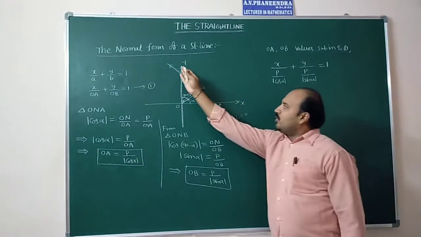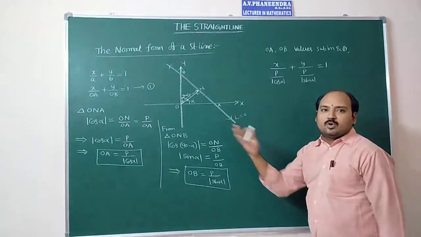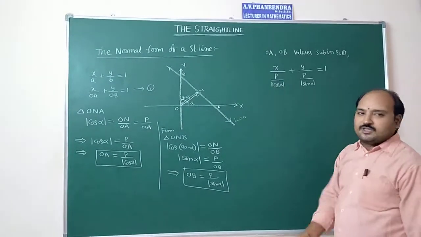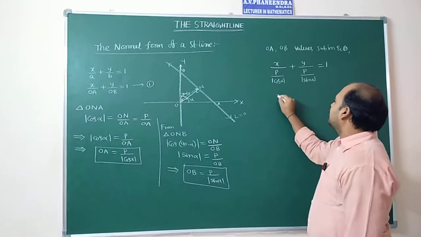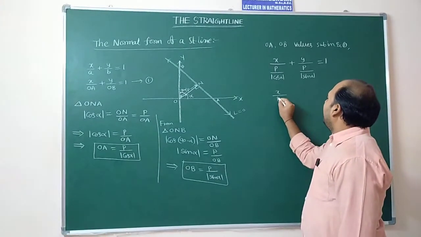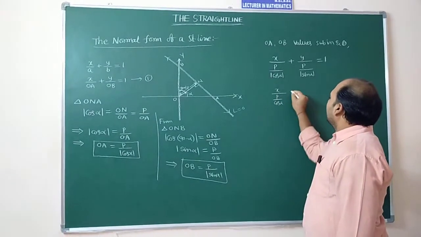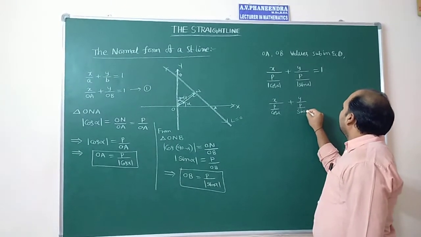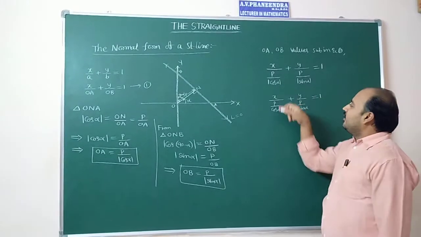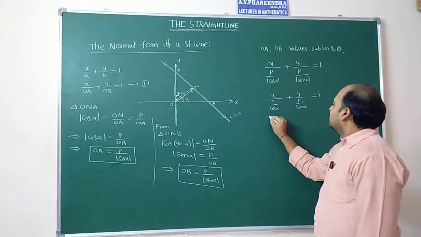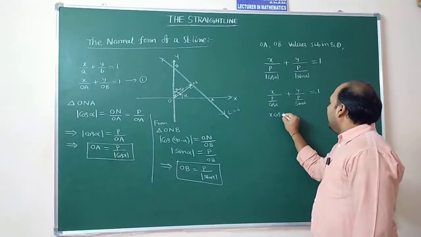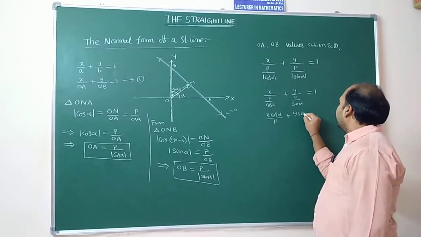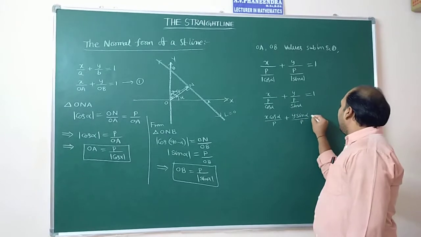We are discussing the first quadrant only, where sin and cos alpha are positive, so we can consider them as positive. So x by P by cos alpha plus y by P by sin alpha is equal to 1. The denominator of the denominator becomes the numerator, so x cos alpha by P plus y sin alpha divided by P is equal to 1.